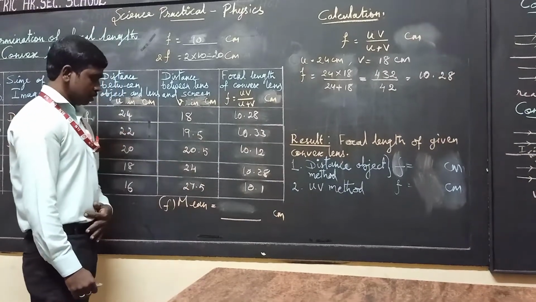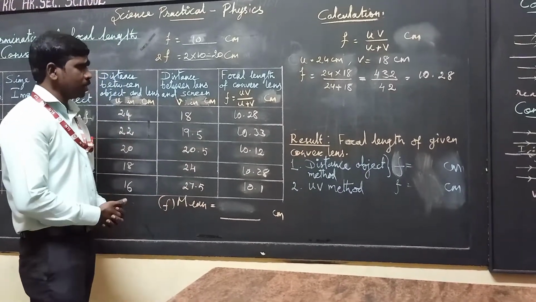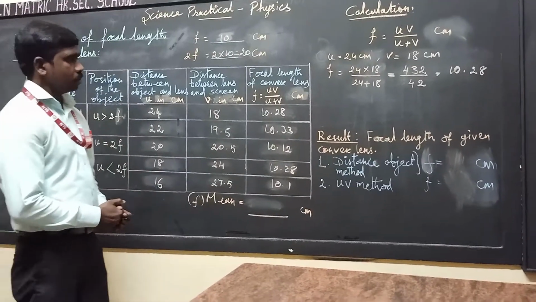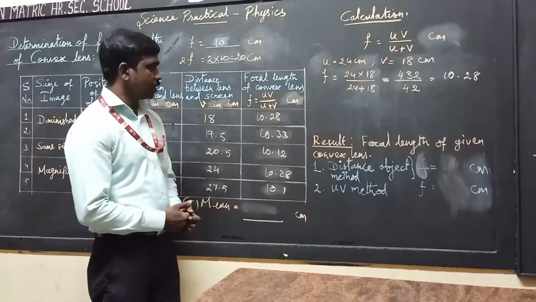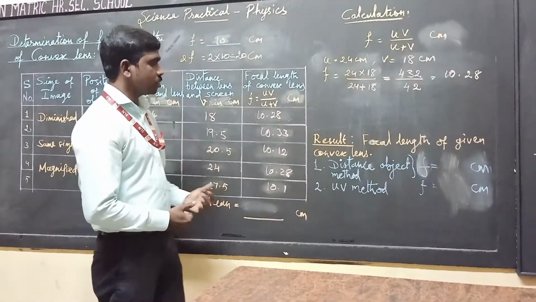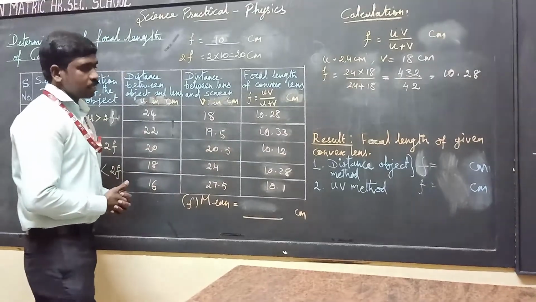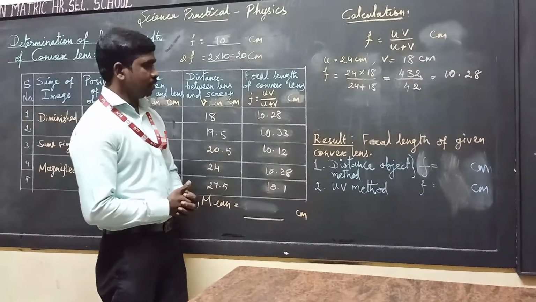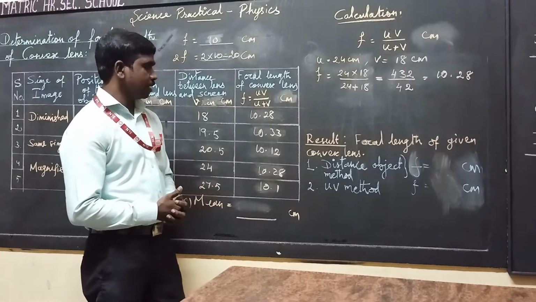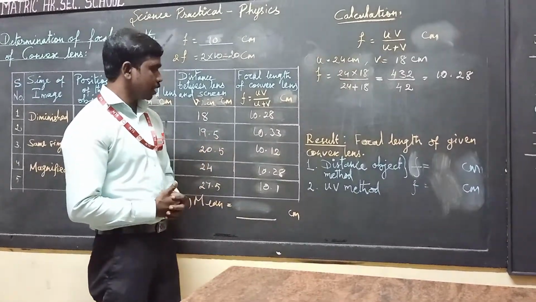Now we need to calculate the mean value of the given data. You people will know how to calculate a mean value. By adding all the values, how many trials have we done? There are 5 trials. So the sum of the data divided by the number of trials, 5.